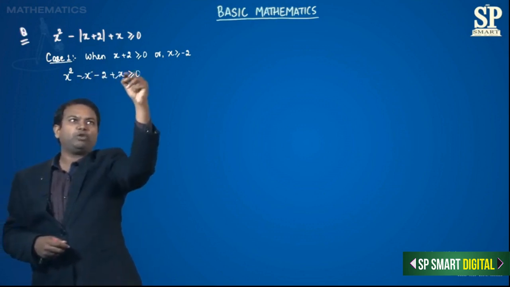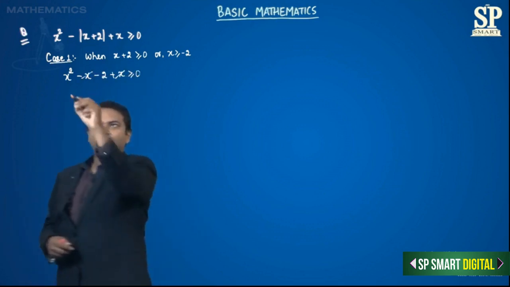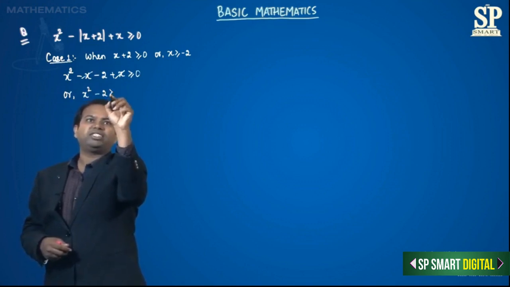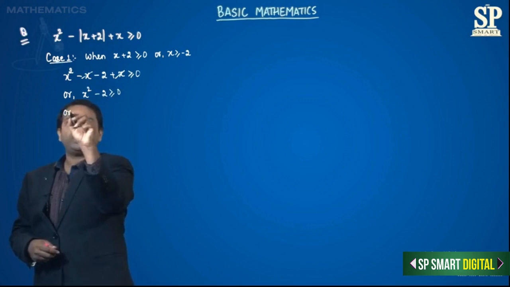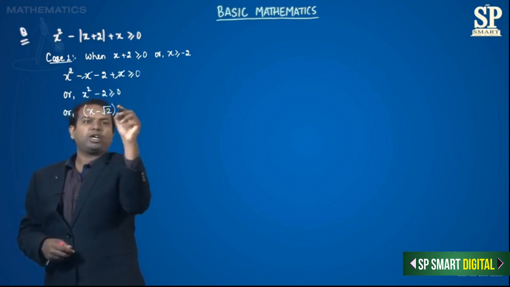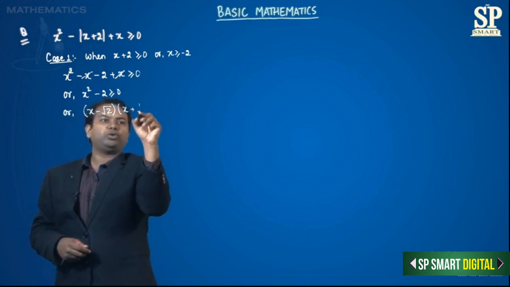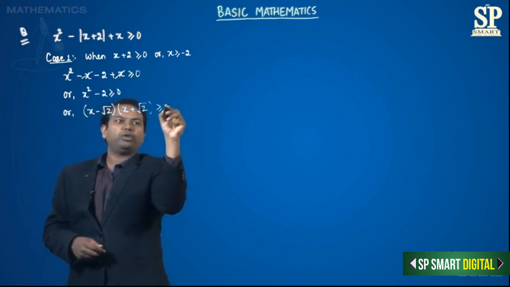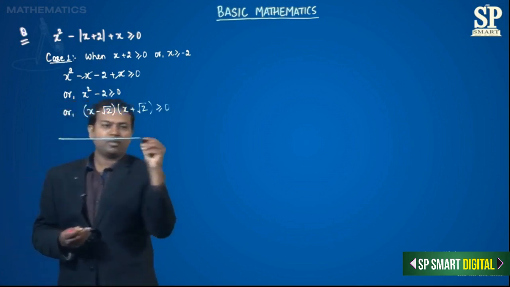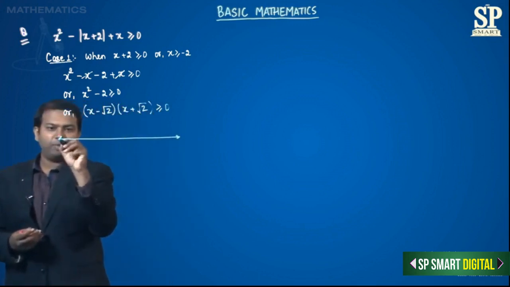Clearly we can cancel out minus x and plus x, and hence we have x square minus 2 is greater than equal to 0, which can also be written as x minus root 2 into x plus root 2 greater than equal to 0. So let us now plot the number line and use the wavy curve method.